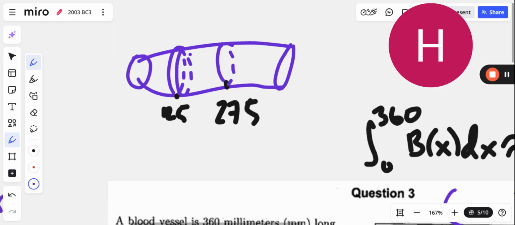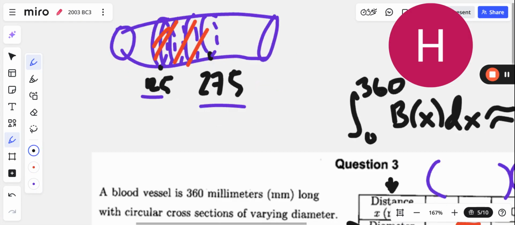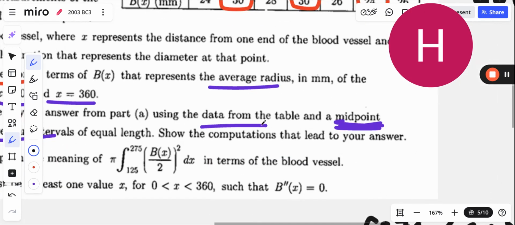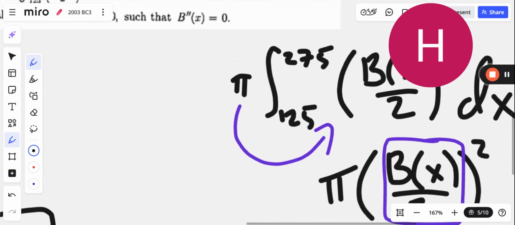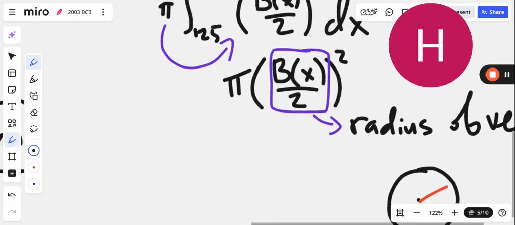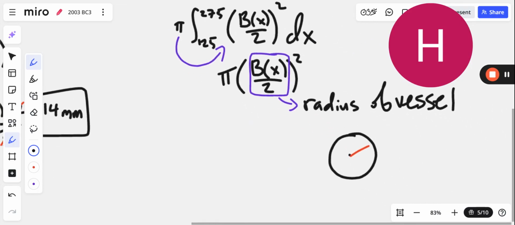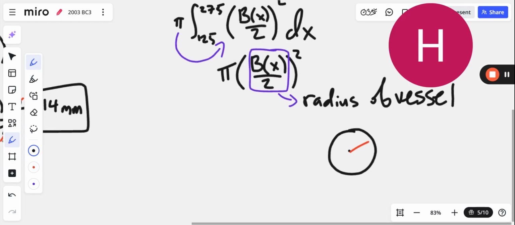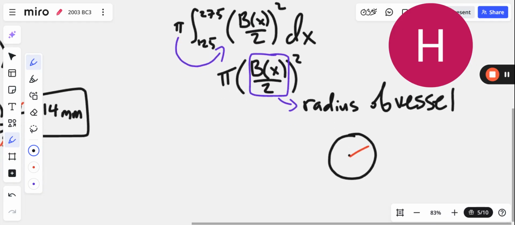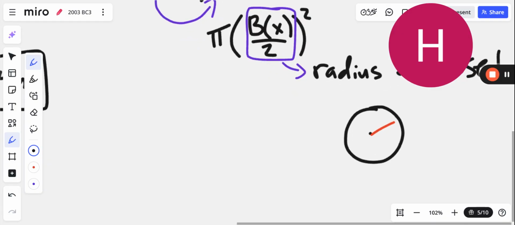There's a whole bunch of circles here. We're adding them all up together from this point down the vessel to this point down the vessel. And so we're finding the volume of this kind of cylindrical shape. It's not perfectly cylindrical. It's not uniform cylindrical because the radius varies. And that's exactly why we need to use an integral in order to calculate the volume. So we can calculate the volume within a certain portion of this blood vessel, which is kind of cool.